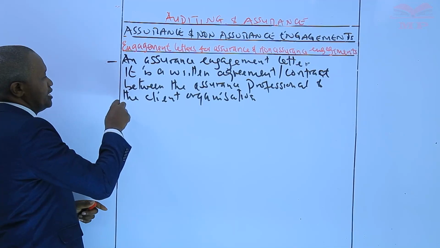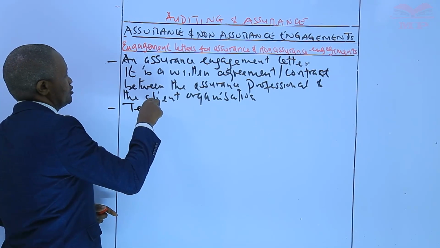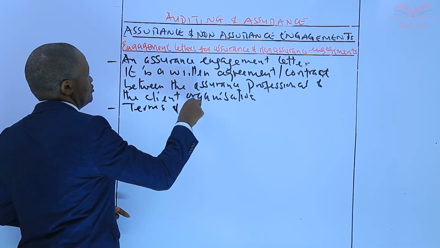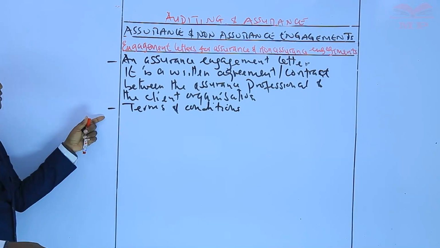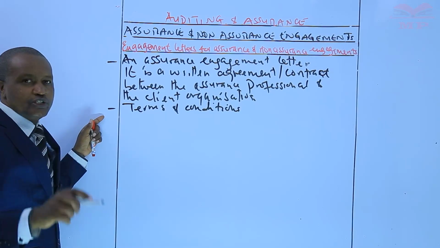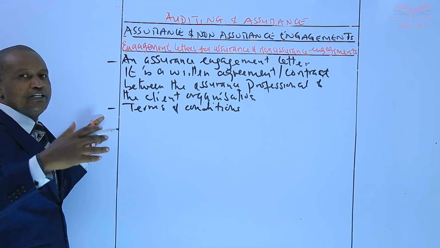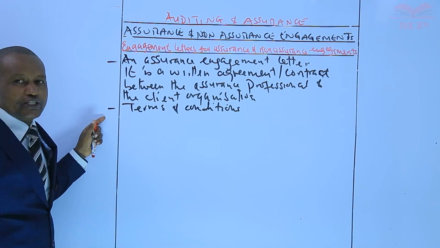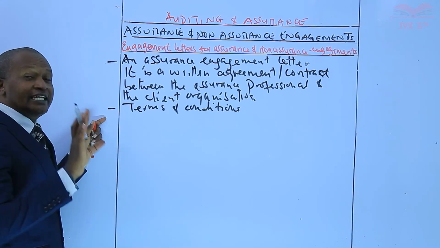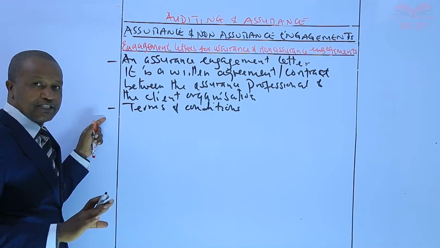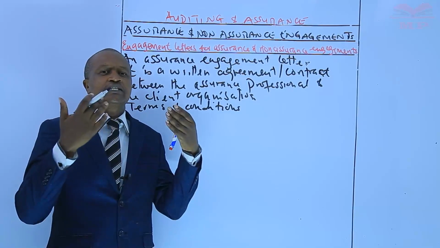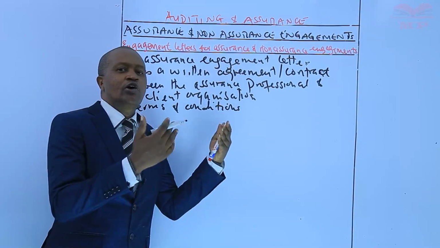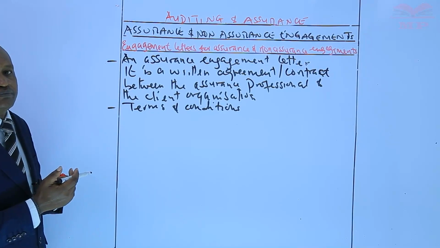Terms and conditions. Within this letter, you will find the terms and conditions under which the assurance engagement will be conducted, establishing a clear understanding between both parties regarding the scope, the objectives, and responsibilities of the engagement.